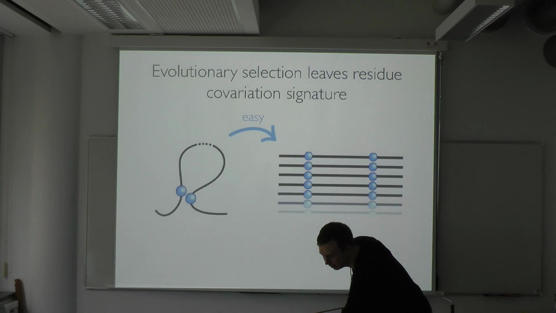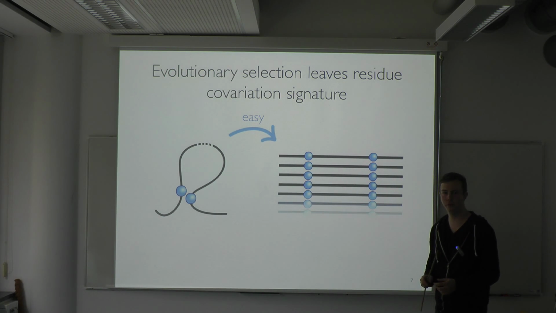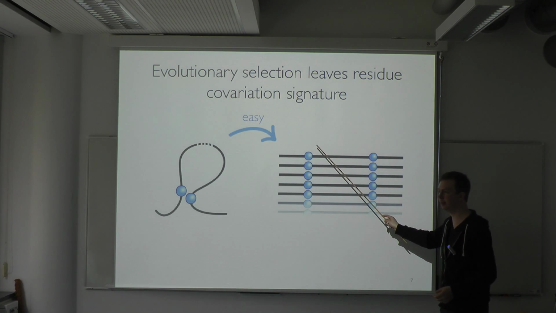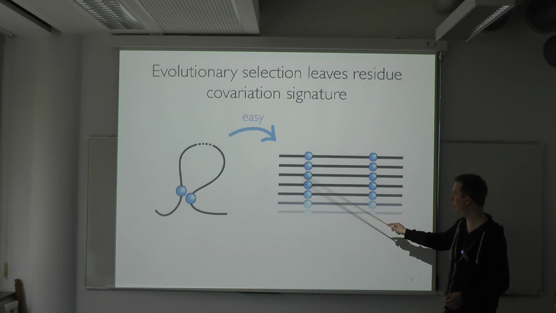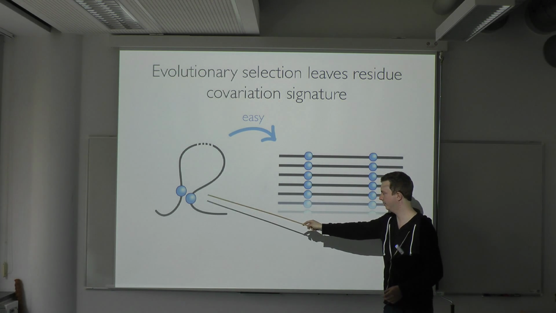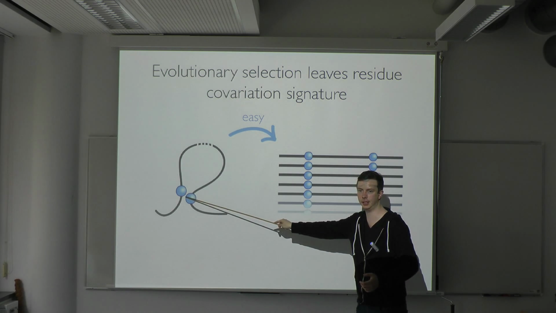And the whole idea of this approach is you try to look for these exchanges that occur together. So you have a protein structure, and for that protein, you create a multiple sequence alignment, so you collect all the related sequences in the sequence database, and you look at those two positions in the protein, for now assuming you know the 3D structure and you know that these two residues are in contact.